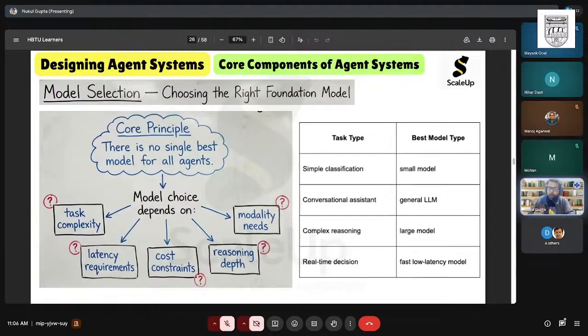According to the book also, when we are doing rapid prototyping, it's advisable to use GPT only. First let us build something which is working. Once we have something working, then we can optimize it, think about optimizing the cost, and introduce some more simple patterns.